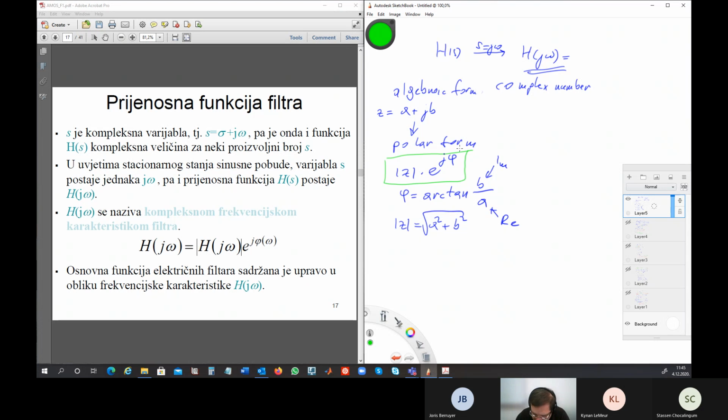If we apply the same for H of j omega, we will have absolute H of j omega times exponent to the j phi of omega. This is called the complex frequency characteristics. And phi, and no, just a moment.